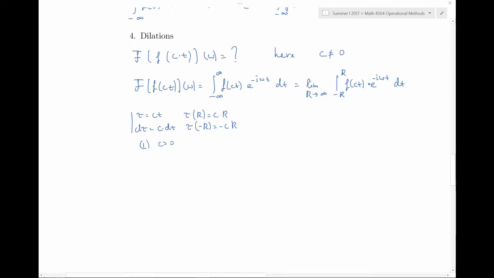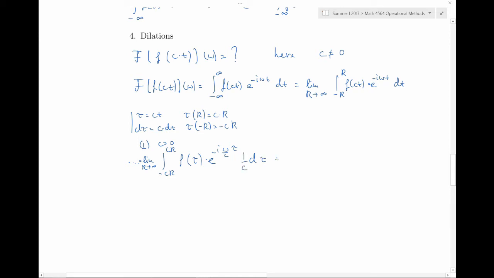If c is positive, then this integral equals the integral from minus cR to cR. And again, we take a limit as R goes to infinity. Inside, I have f of tau multiplied by e to the minus I omega, t is simply tau over c, and I put over c onto omega, d tau times 1 over c.